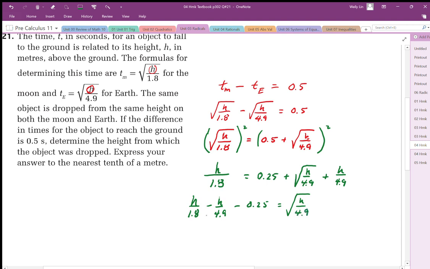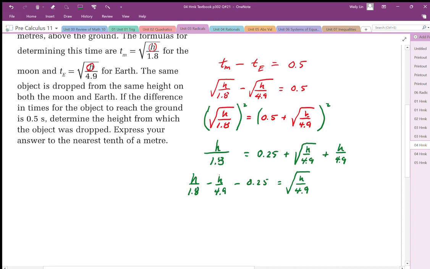So in this case the common denominator is going to be 1.8 times 4.9, which works out to be 8.82. And so I end up with 4.9h, since I multiply the top and bottom by 4.9, minus 1.8h, since I multiply top and bottom by 1.8, all over the common denominator of 8.82.